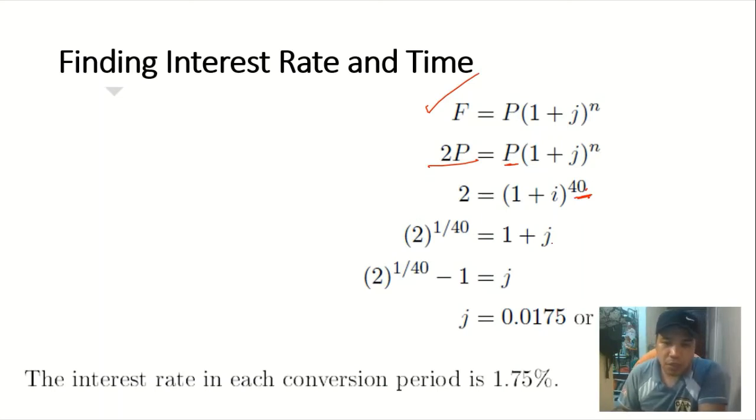Then 2 raised to 1 over 40 minus 1 is equal to j, which is 0.0175.